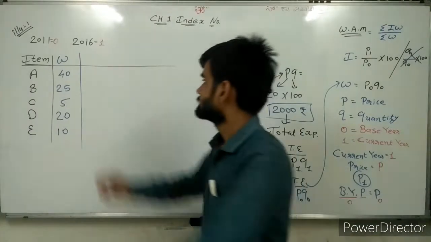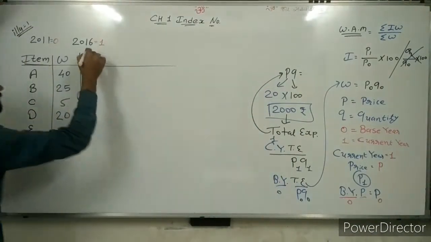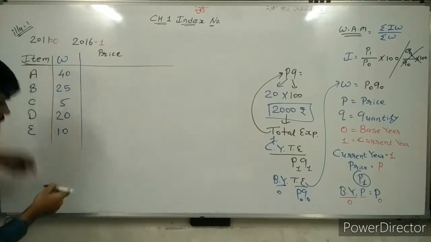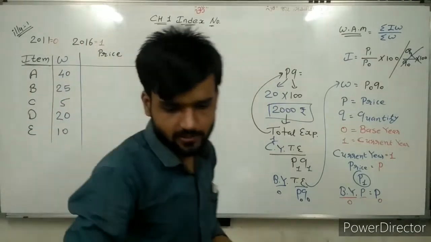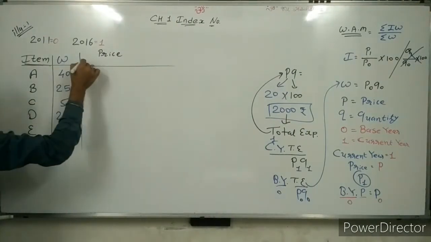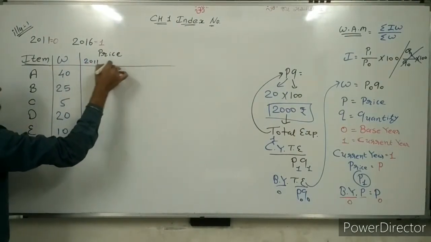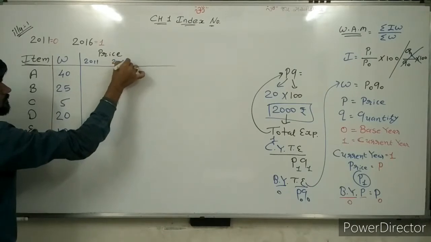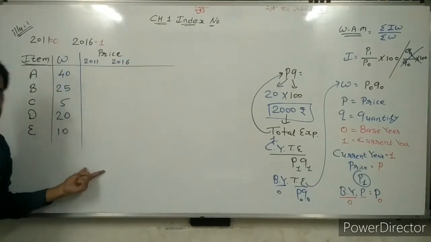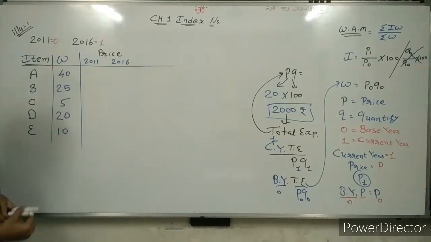Price given. So here I am writing price. Now two prices are given, 2011 and 2016. So prices are given for 2011 as well as 2016.